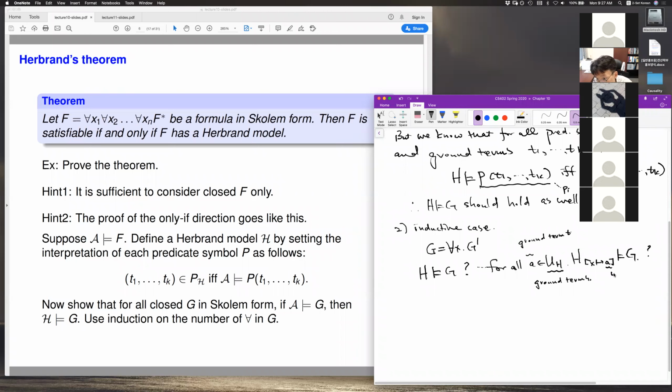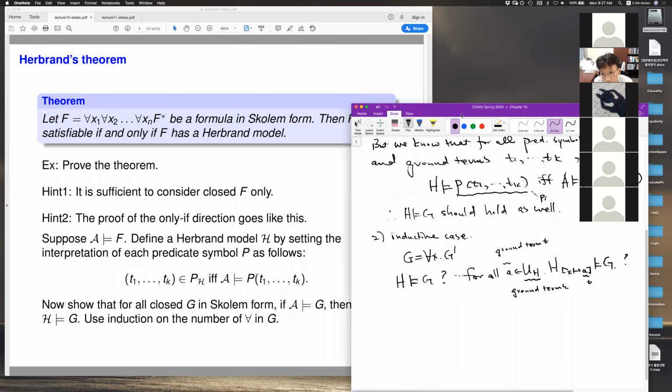Then the statement that we have at this point can be simplified a little bit, because now we are saying H where X is bound to the ground term T satisfies G prime. That's what we have to check.